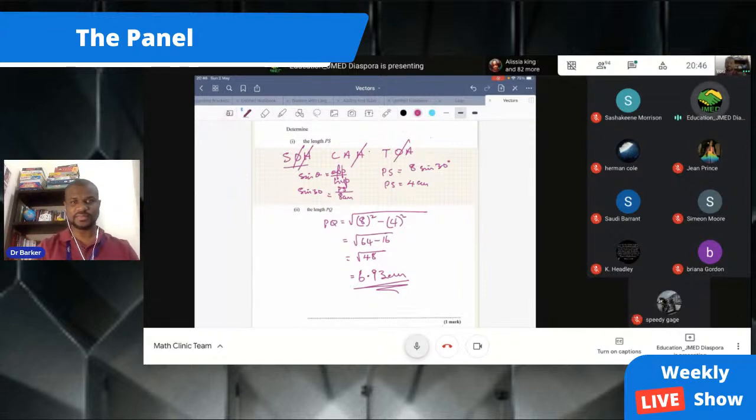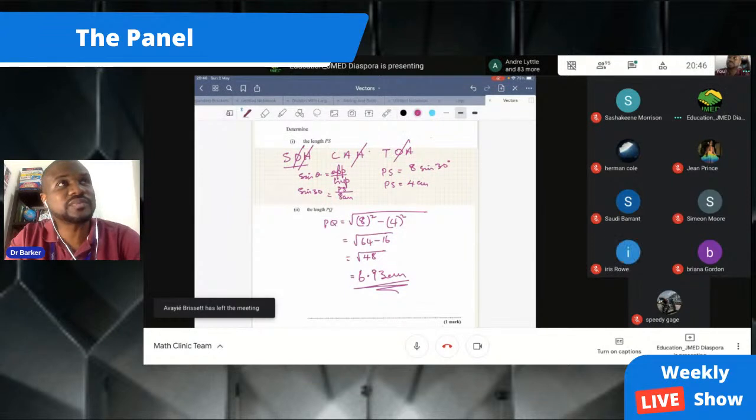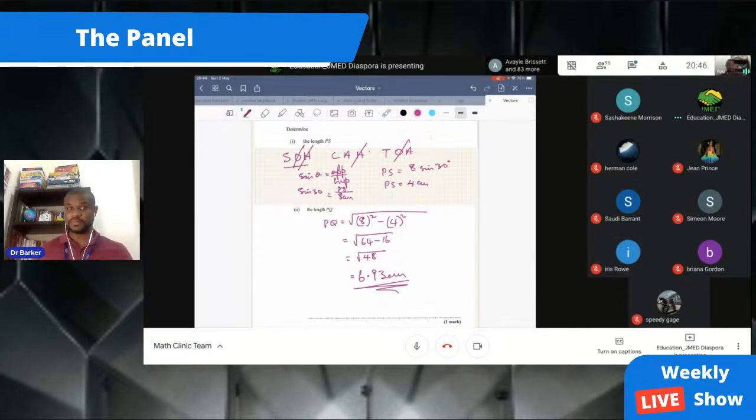So, Dr. Barker, today we are looking at vectors. It should be fun. So what's the importance of vectors for us? Of course there is. If we think about the application of vectors in real life, it's maybe one of the most practical parts of maths.